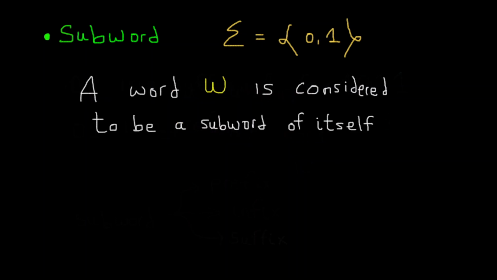And finally, a last property of subwords is that a word W is considered to be a subword of itself. This is trivial, since every word contains itself as a subword.